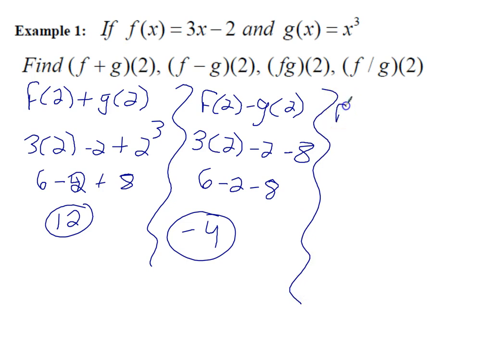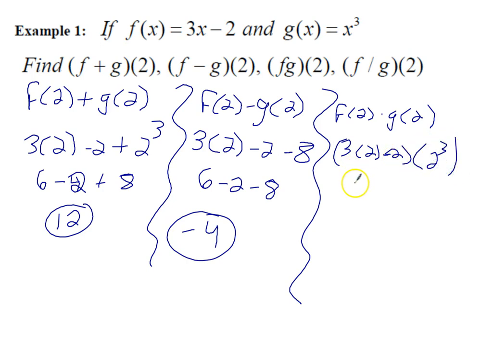Again, same deal. We're going to take f of 2 and multiply it by g of 2. So it'll be 3 times 2 minus 2, and then times 2 to the third. So we will get 4 times 8, which gives us 32.